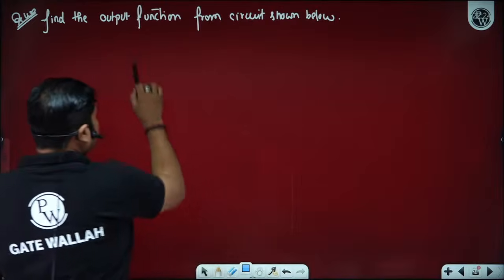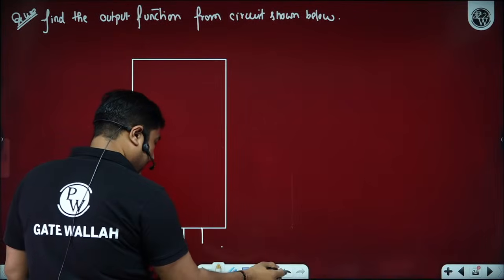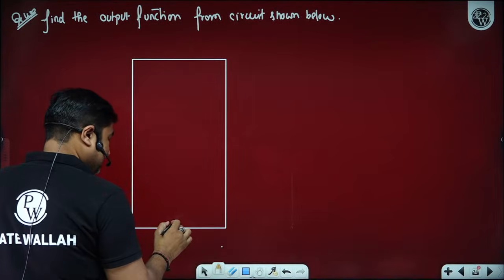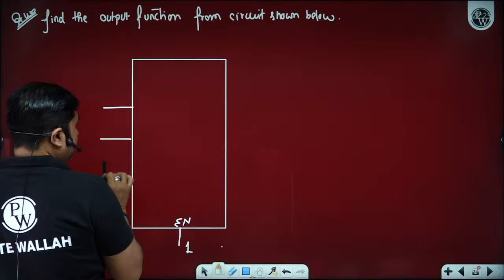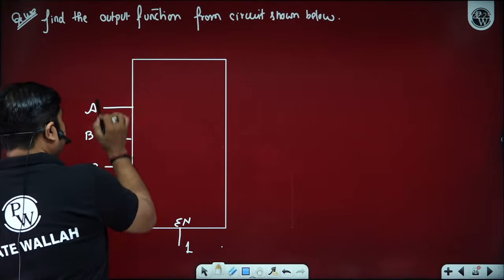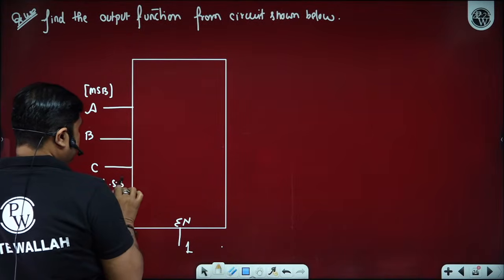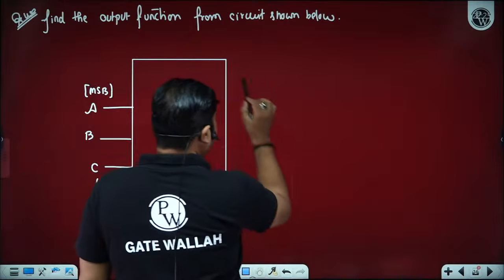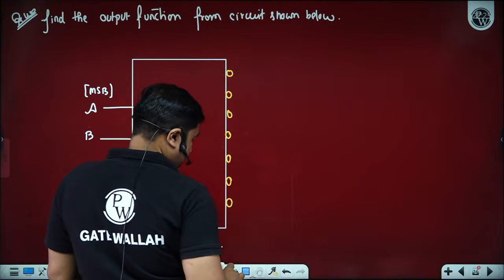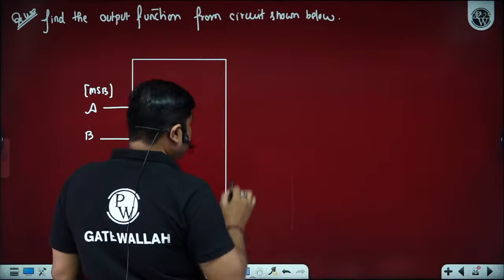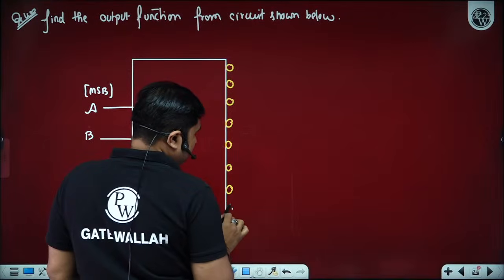Please observe, beta ji. A, B, C, where A is the MSB and C is the LSB. Then we have Y0, Y1, Y2, Y3, Y4, Y5, Y6, Y7.